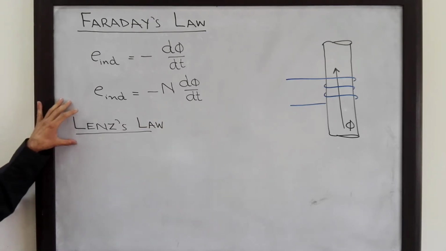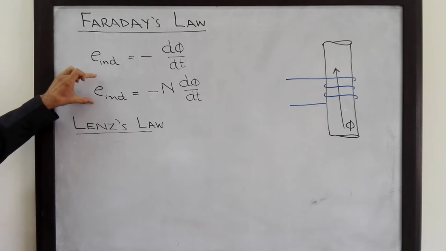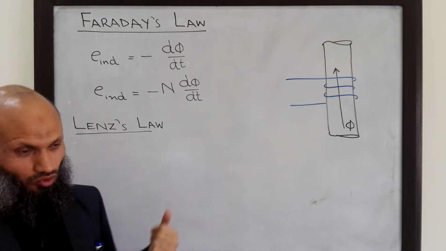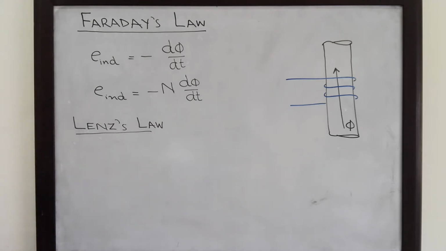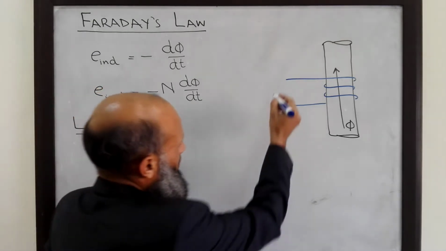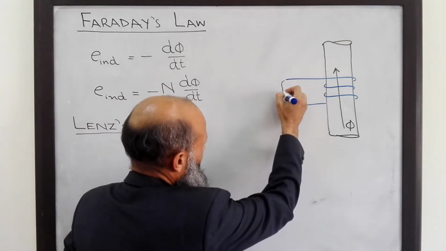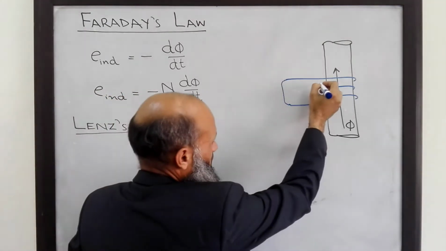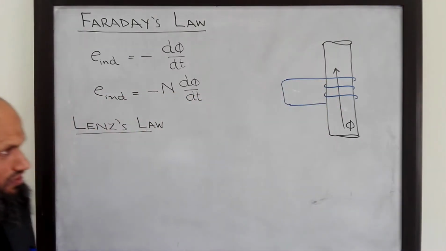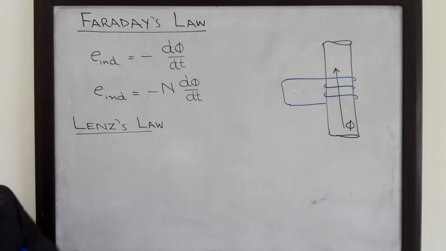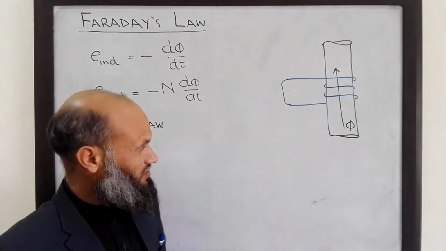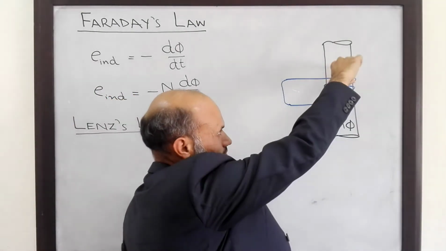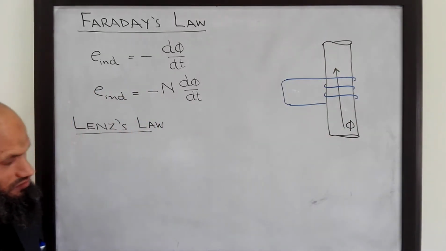So Lenz's law states that the polarity of the induced voltage will be such that it will oppose the cause producing it. What does it mean? It means that if we short circuit this coil, then due to induced voltage, current will flow in this coil, and the direction of current will be such that the flux produced due to current in this wire will oppose the actual flux which is producing it.